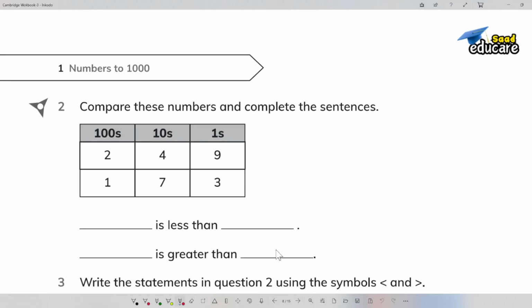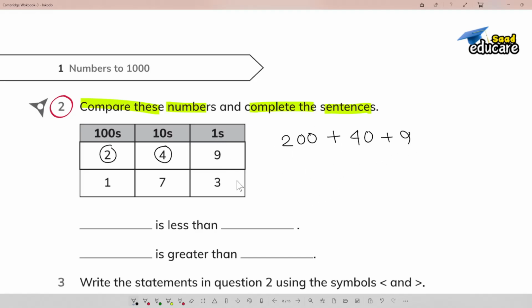So now we will try to solve something. Question 2. Compare these numbers and complete the sentence. First, here 100 cell 2 means 200. 10 cell 4 means 4 times 10, that is 40, and finally ones is 9, so plus 9.